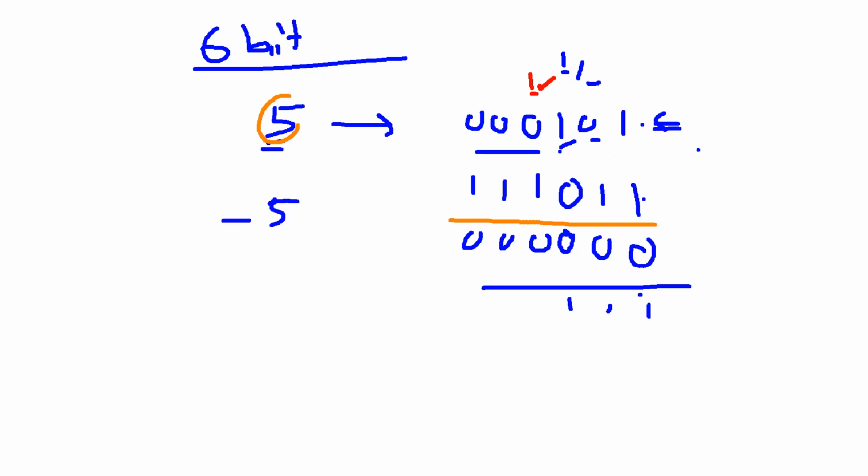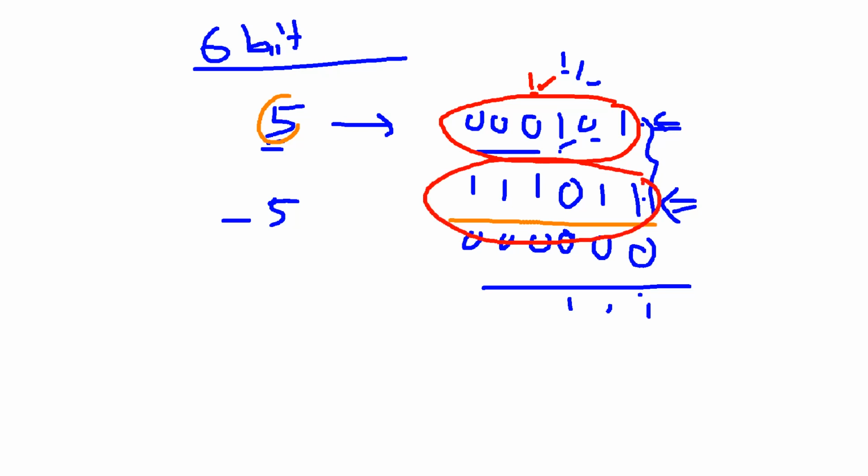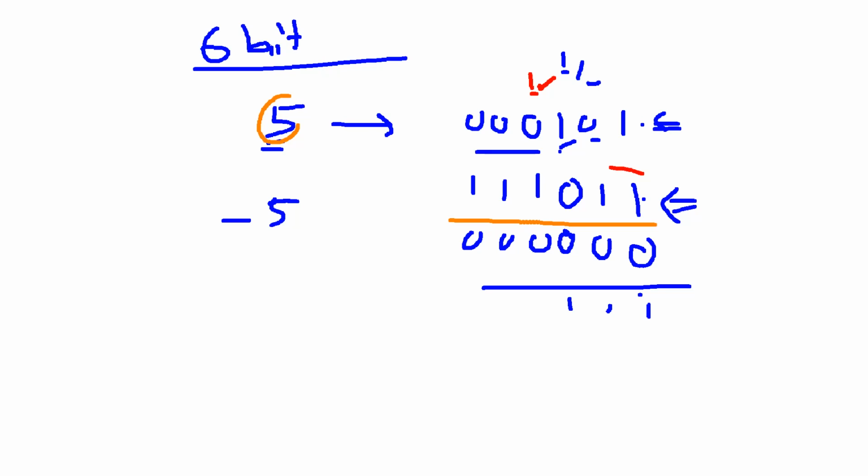So if you can find this pair, namely you find the two's complement, it says this number is the two's complement of this number, or vice versa, this number is the two's complement of this number also.